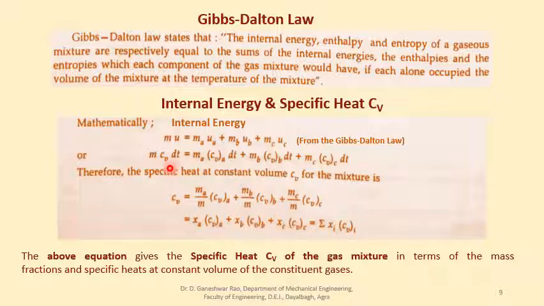Now from this you can find out CV by dividing the right hand side by M dT. So CV is equal to MA upon M CVA, MB upon M CVB, MC upon M CVC. What is MA upon M? Mass fraction XA. So XA CVA plus XB CVB plus XC CVC is equal to CV for the mixture. Right? I hope it is clear.